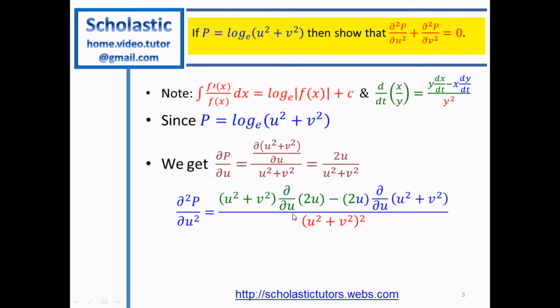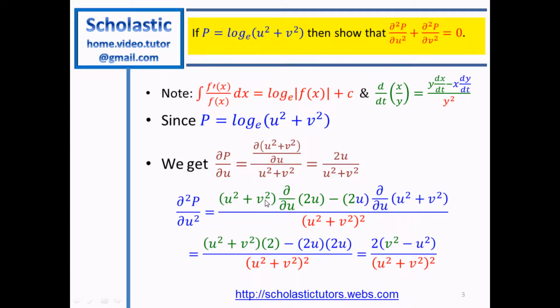So when you simplify this, you get u squared plus v squared times, when you differentiate 2u with respect to u, it becomes 2, minus 2u times, when you partially differentiate u squared plus v squared with respect to u, v squared again becomes 0, and u squared becomes 2u. So we have 2u squared plus 2v squared minus 4u squared.